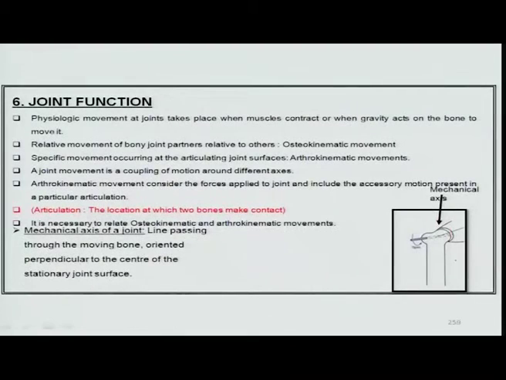Let us now study a little more about joint functions, how joints would typically function. The physiologic movement at joints mostly takes place when muscles contract or when gravity acts on the bones to move them.